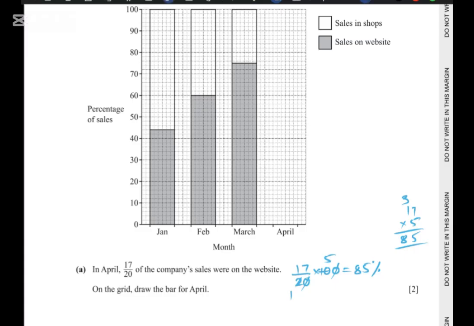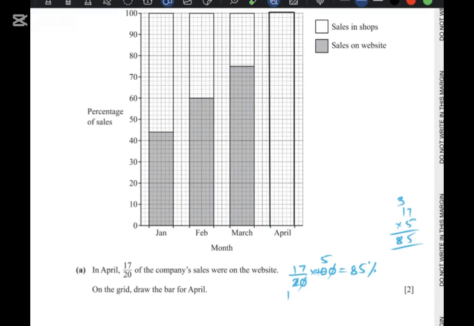First let us draw the whole bar up to the top. This is the complete 100% bar, and now we got 85% here as the sales were on the website. So we have to shade up to 85%. So we have drawn the 100% bar here. Now we have to check where 85% is.